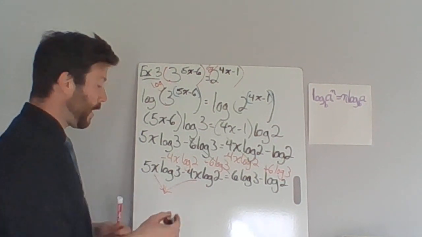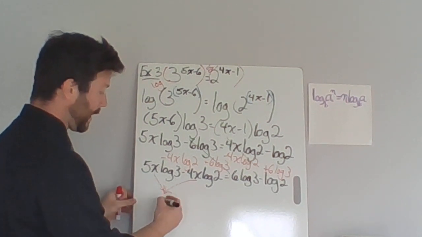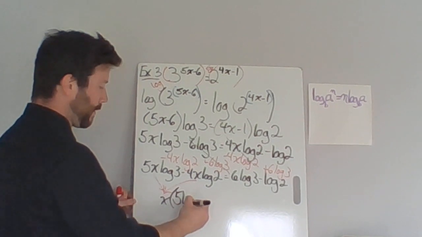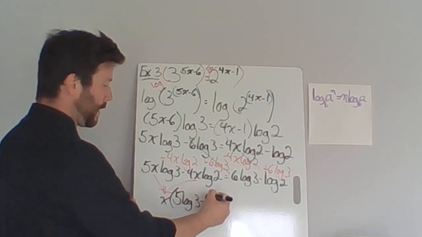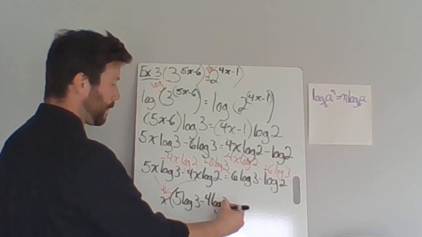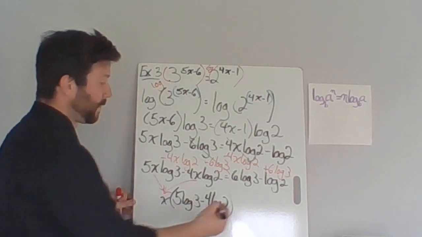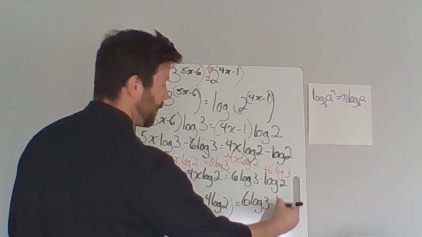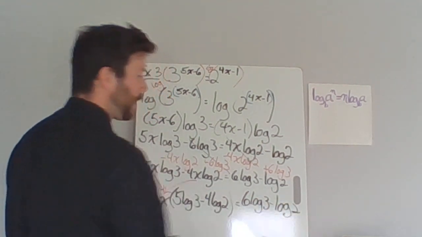So we fall back on an old algebra skill and we do x times the quantity 5 log of 3 minus 4 log of 2 equals 6 log of 3 minus log of 2.